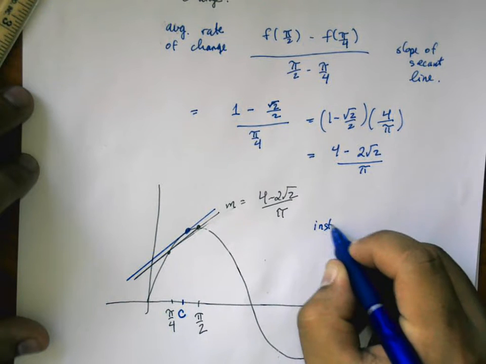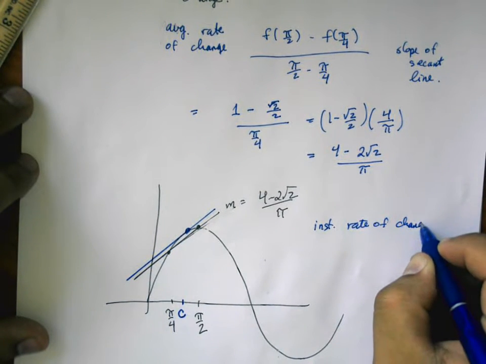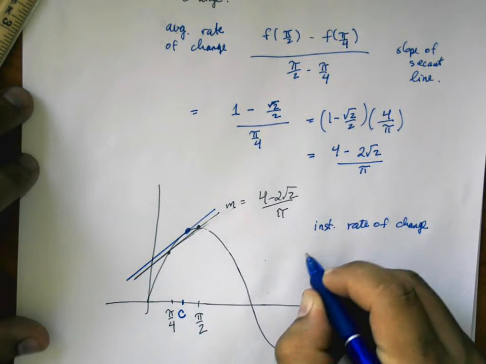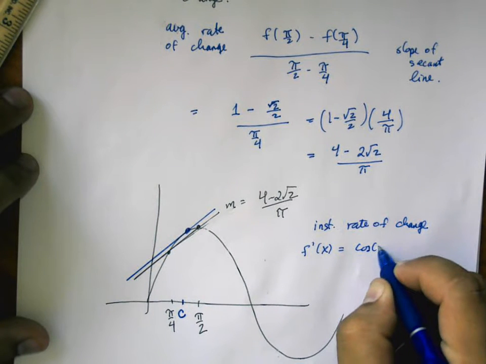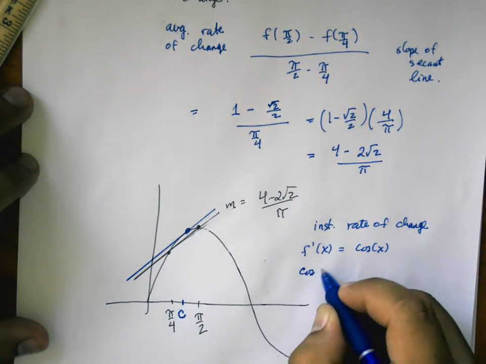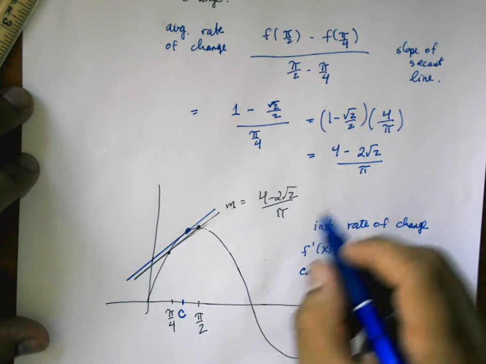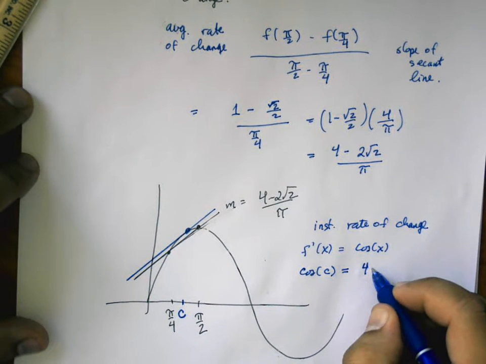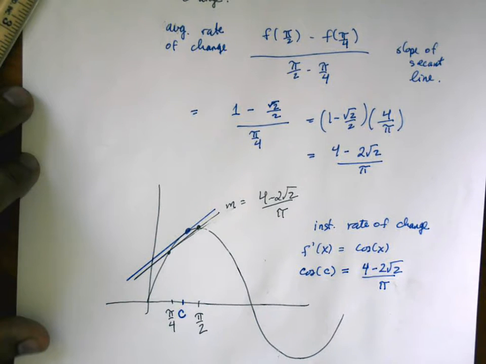So the instantaneous rate of change, well, that's just the derivative, so f prime of x is equal to cosine of x, and then we know that cosine of C must be equal to the average rate of change, 4 minus 2 root 2, all divided by pi.